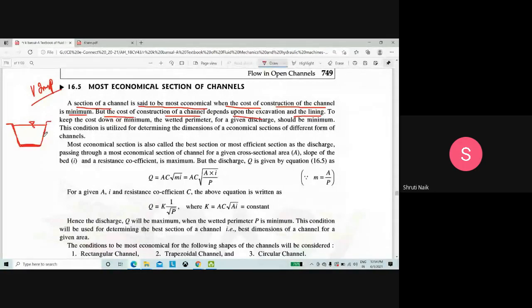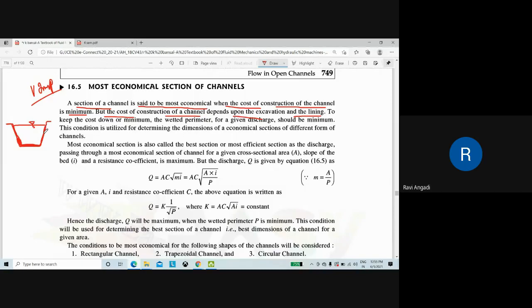Yes, sir. When the cost of construction of any channel section is minimum, then we call it economical. But the cost of construction of a channel depends upon what? The excavation as well as the lining. Lining means the concreting you are doing on this surface.